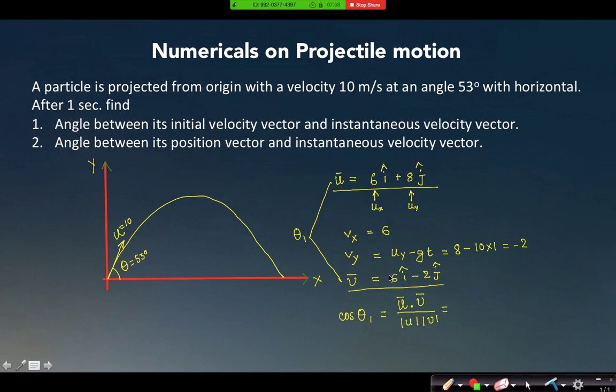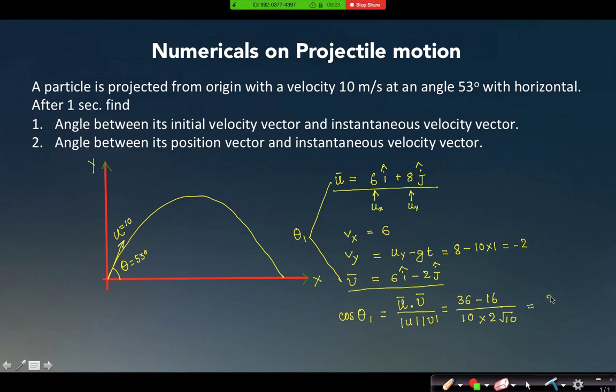What is the dot product of U and V? 36 minus 16. It is 20. Good. And what is mod U? Mod U is 10. What is mod V? Root over of 36 plus 4, root over of 40. Right? Root over of 40 means 2 root 10.